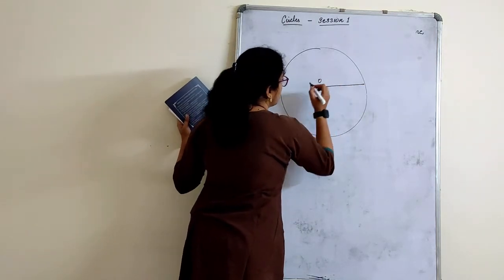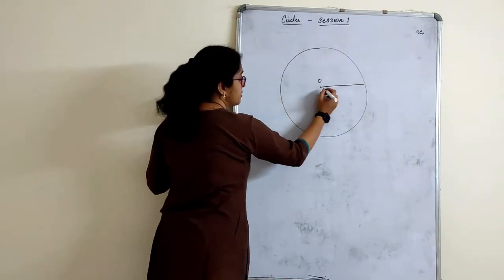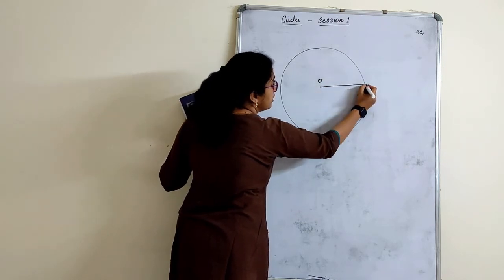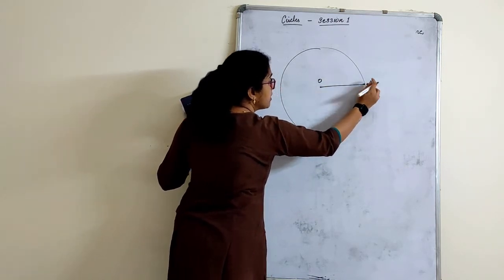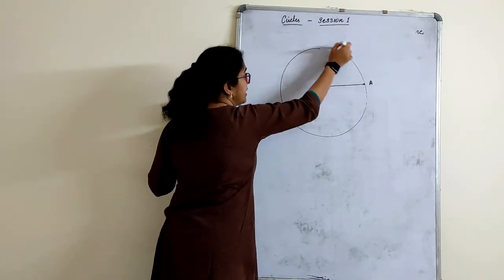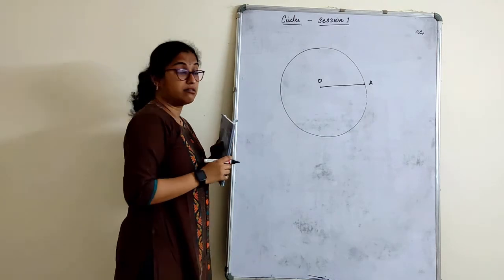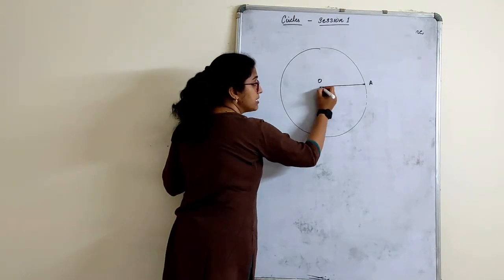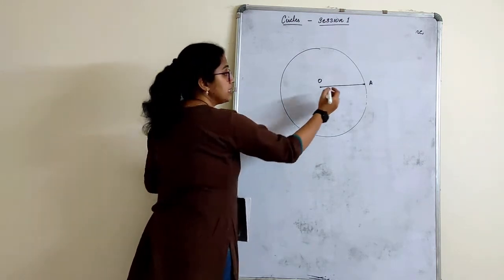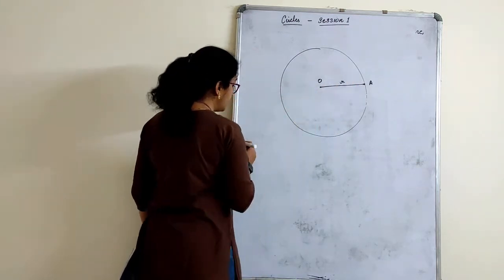We always mark O as the center of the circle. This outer part is called the circumference of the circle. A line segment joining the center to any point on the circumference of the circle is called the radius of the circle.